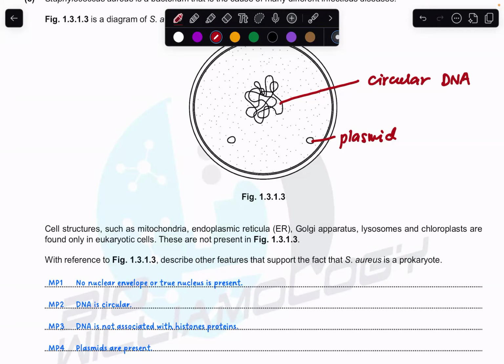I can't say peptidoglycan cell wall, because we can't see the structure of peptidoglycan in this case. So I can't put it in here, because the features must be visible here to support that this is a prokaryote rather than a eukaryotic cell, because eukaryotic plant cells do have a cell wall as well.